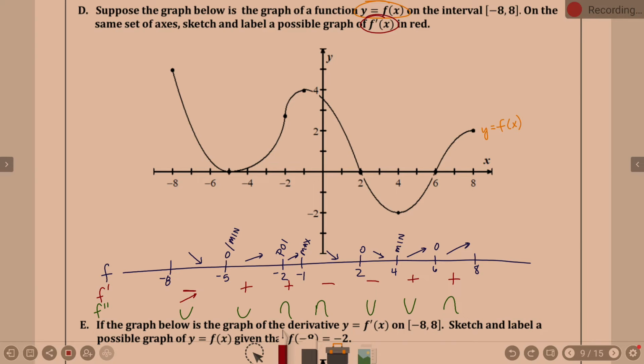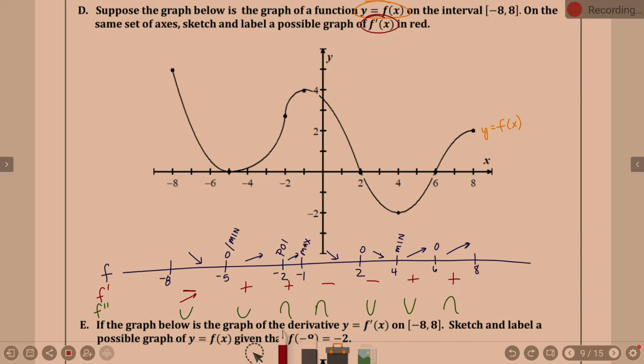This is the original graph, the f of x, and the original graph is concave down. So since this is concave down, my second derivative would be negative. Don't interpret that as me saying the second derivative is concave down or concave up. Does that make sense?